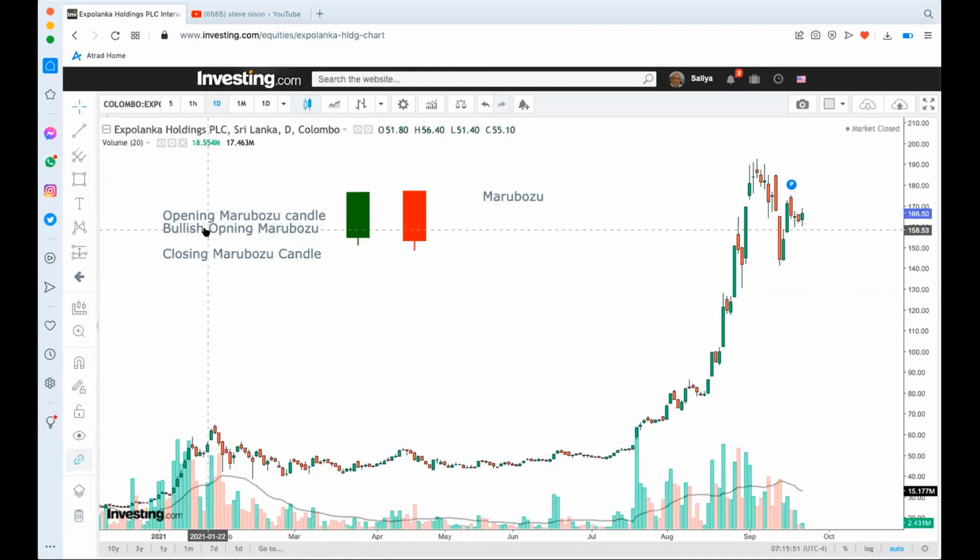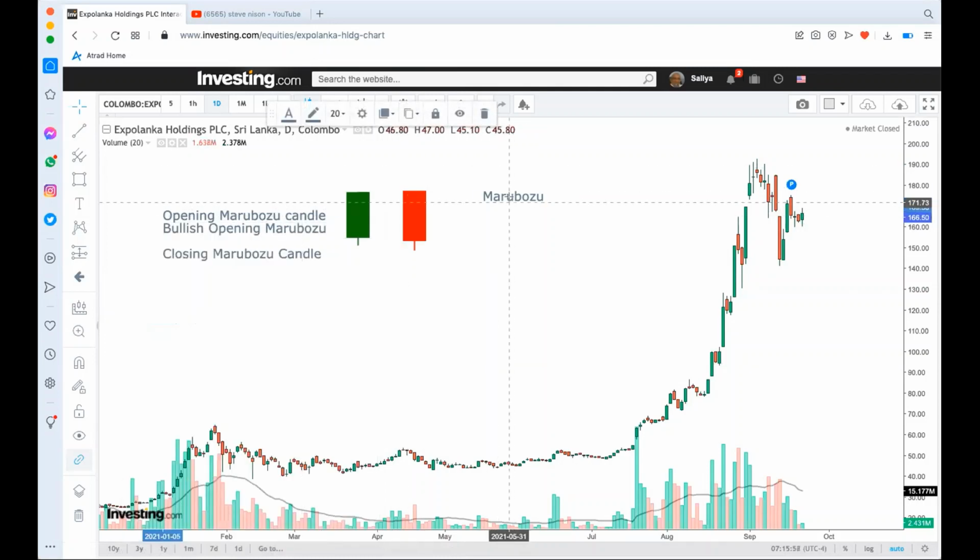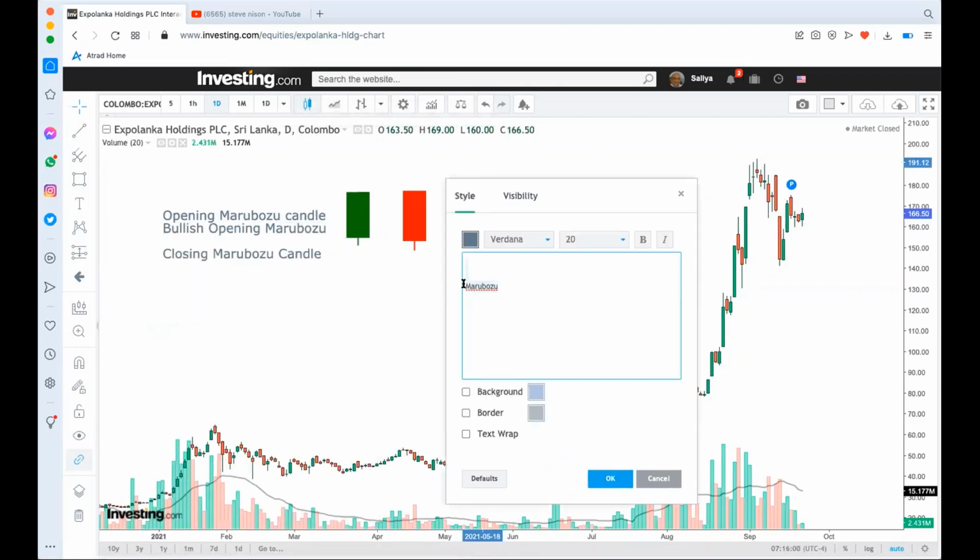Bearish opening Marubosu candle. Closing Marubosu candle, or bearish closing Marubosu candle.